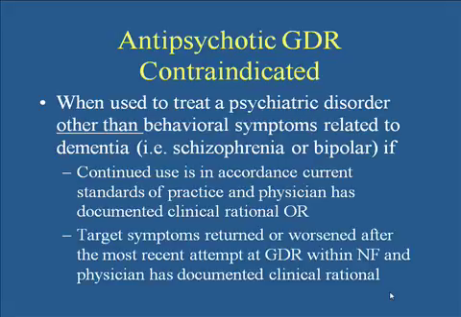So if you have a patient in your facility that has schizophrenia as a diagnosis, it's probably very unwise to try these gradual dosing reductions if they are well controlled on one of these agents, unless you feel that there are side effects that you want to try to deal with, and maybe a lower dose would work. But the bottom line is it is not a requirement to do the GDR in such a patient.